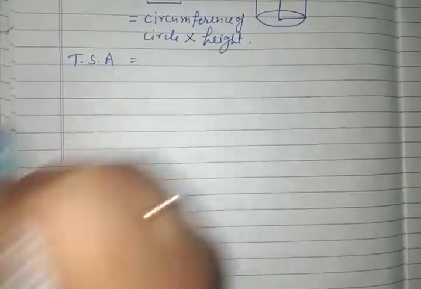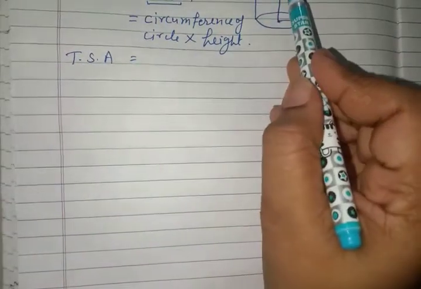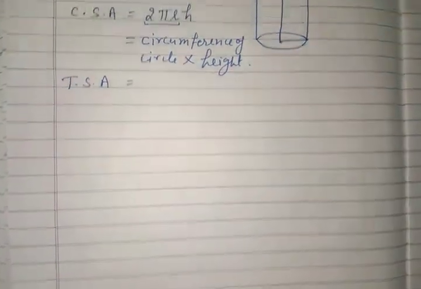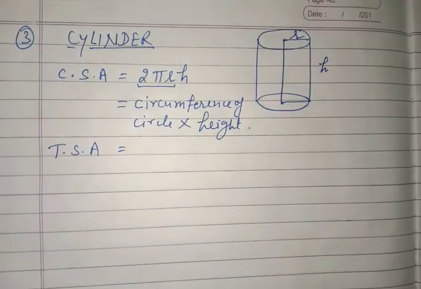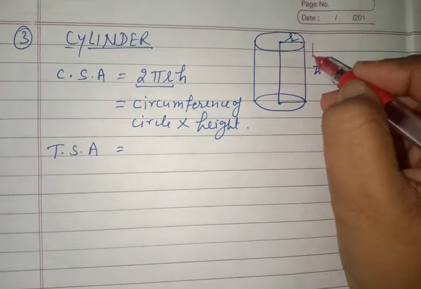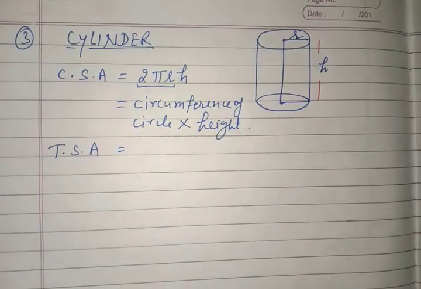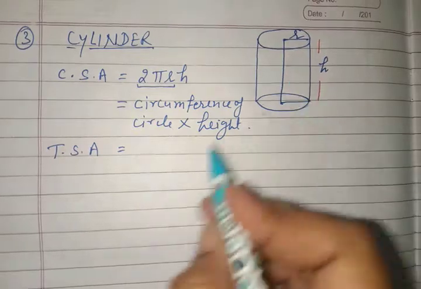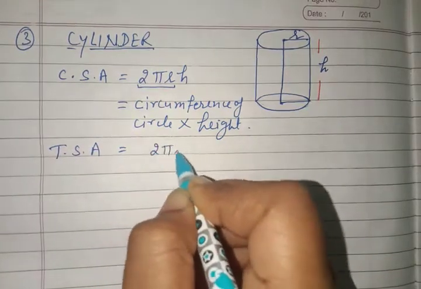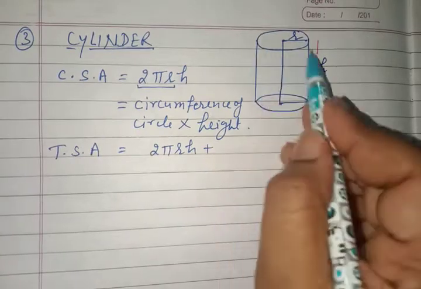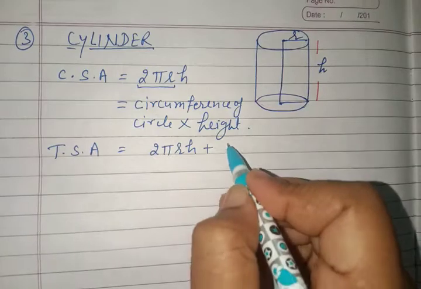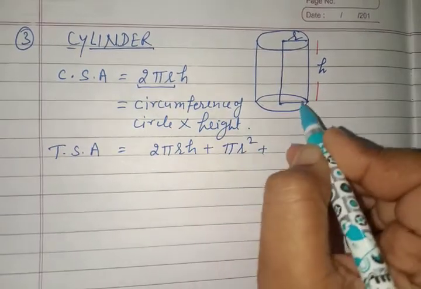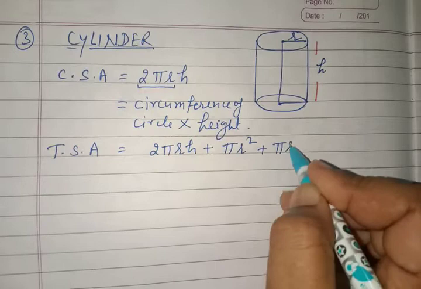Now total surface area, as the word suggests, total means area of all the three faces. If its radius is r and its height is h, so total surface area means surface area of all the three faces. This is curved face, this curved portion, 2 pi rh, plus area of this upper circle, which is pi r square, area of this lower circle, which is again pi r square.